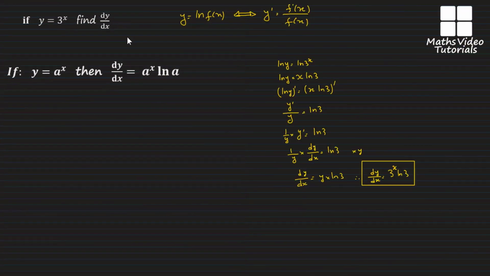So now that we have seen how to differentiate a function such as this one, we can write down a more general form such as y equals a to the x. We've got a base a, so a is a constant. Then following from what we saw earlier, the derivative of a to the x will be a to the x times ln a.